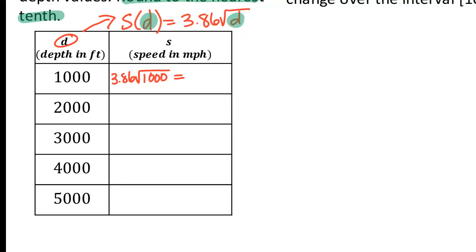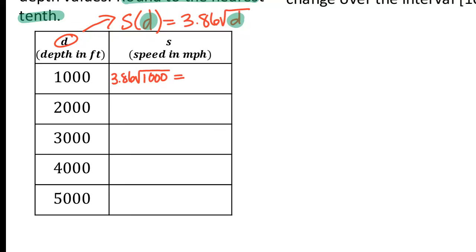So everybody grab your calculator, plug that in. 3.86, second x squared, 1,000, equals. Double check with your partner. See what you got for your answer, to the nearest tenth.